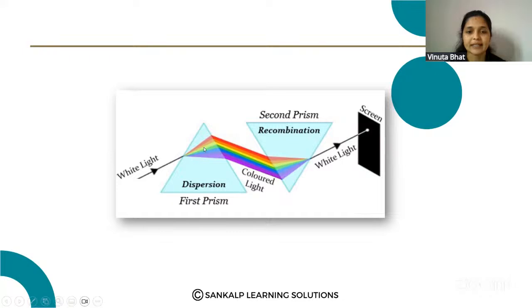So this is the white light, where dispersion occurs and 7 different colors are there. When it moves through the second prism, it is converted again into white light.